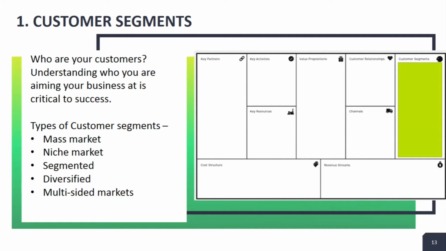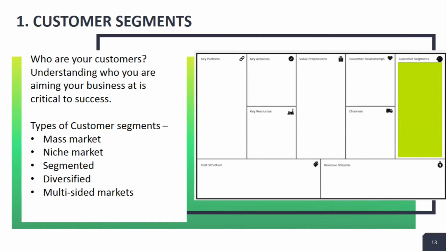Segmenting your customers based on similarities such as geographical area, gender, age, behavior, interest, etc., gives you the opportunity to better serve their needs specifically by customizing the solution you are providing them.